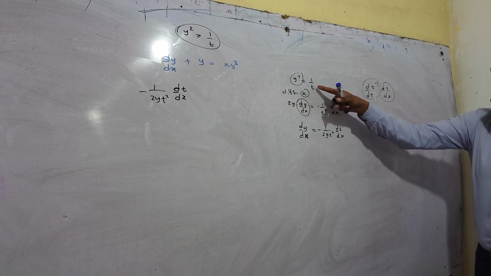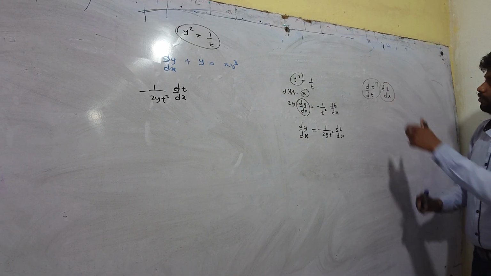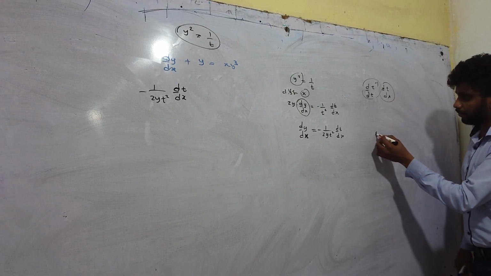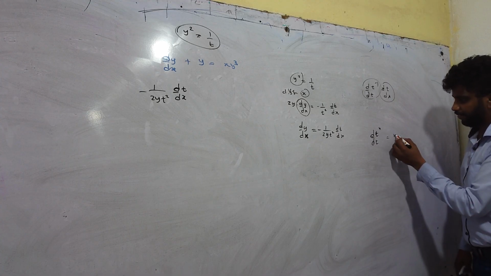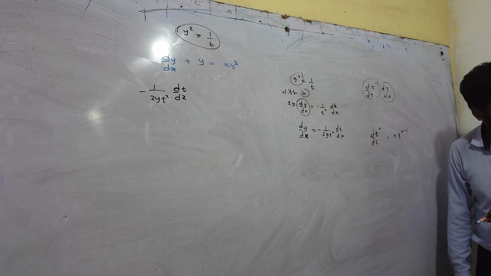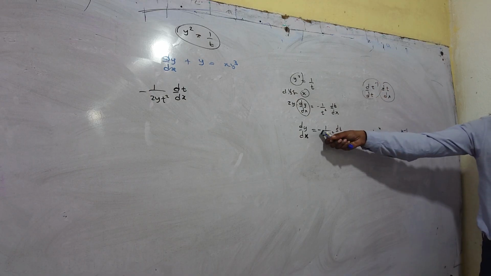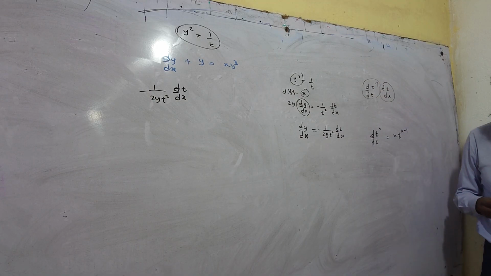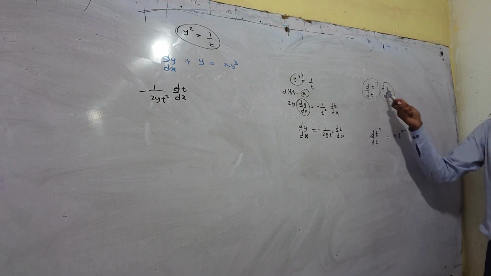Oh, this 1 over t is nothing else than t to the power minus 1. Right? So, it's t to the power n, right? So that is applied. Minus 1, with respect to x, how is it? Not with respect to t. That's why we use the chain rule.